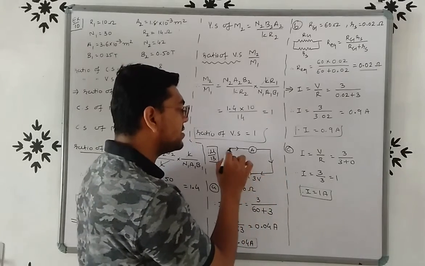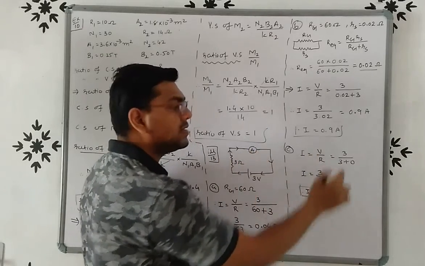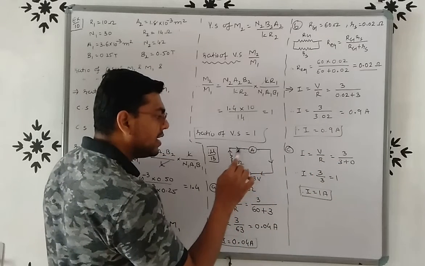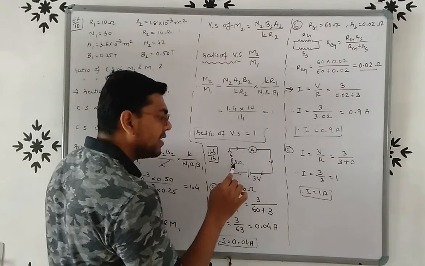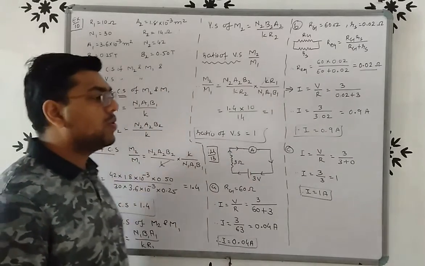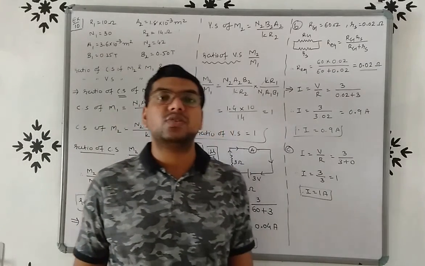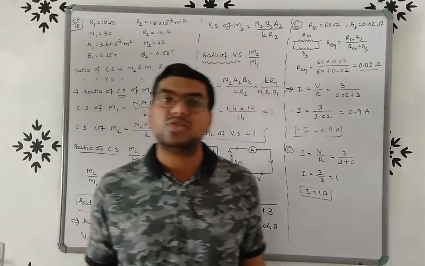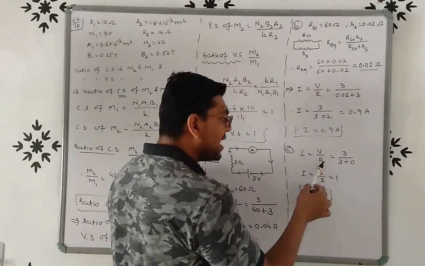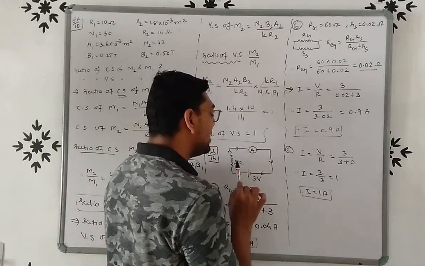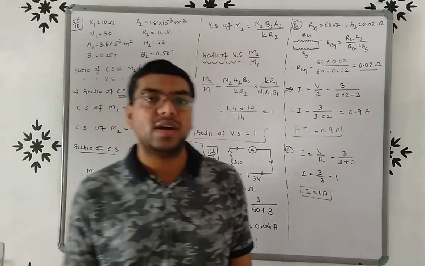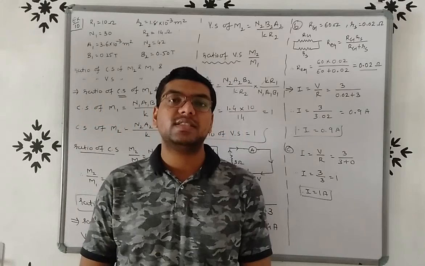So 3 plus resistance of this ammeter 0, because the resistance of ammeter and this resistor having a resistance 3 ohm are in series, right? So we already know that for series operation R equivalent is equal to R1 plus R2 and so on. So I is equal to V by R, value of V is 3 upon 3 plus 0. So we will get current I is equal to 1 ampere. Okay friends, thank you.